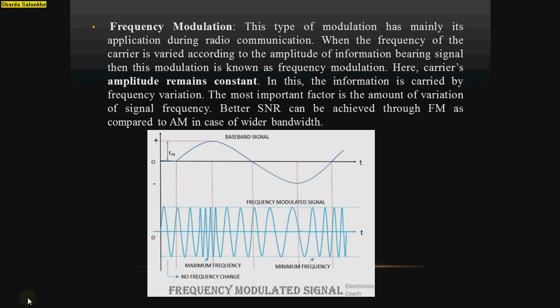Better SNR can be achieved through FM as compared to AM in case of wider bandwidth. So this is the baseband signal, and the carrier changes according to the baseband signal. In the carrier there are some low frequency components, and sometimes there are high frequency components. So the frequency changes according to the baseband signal.